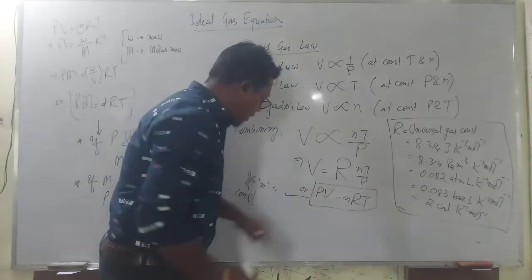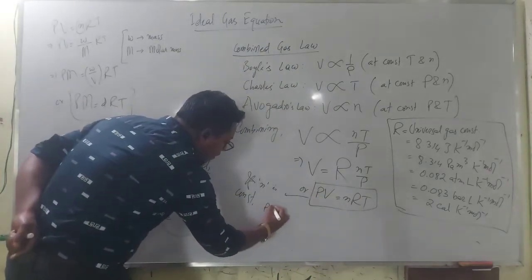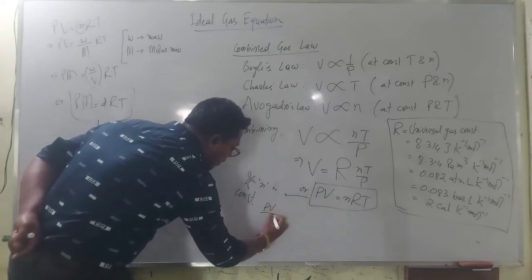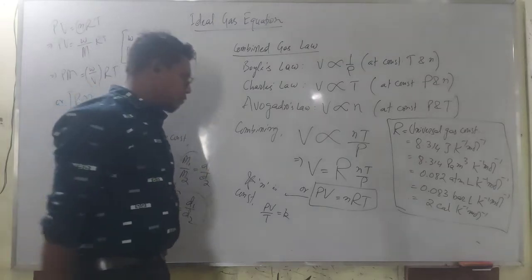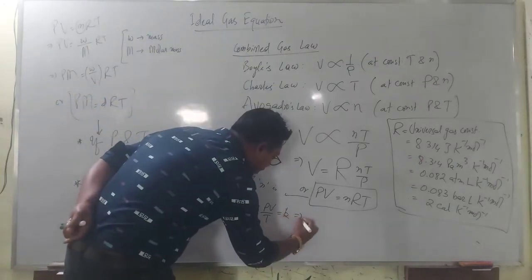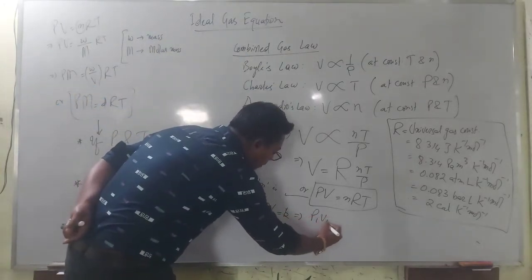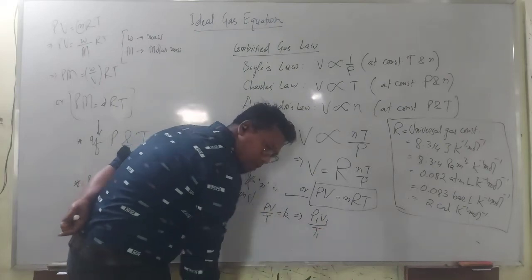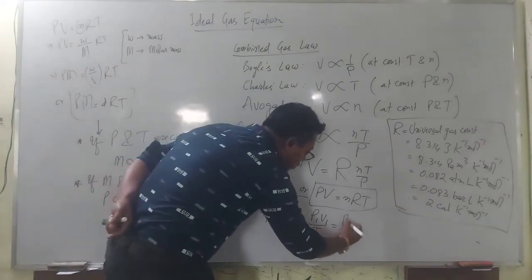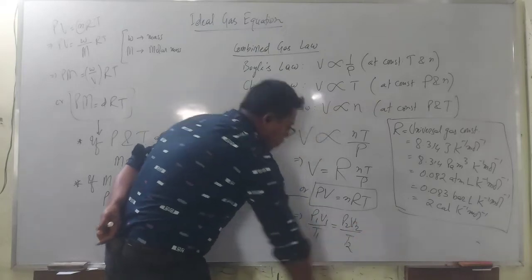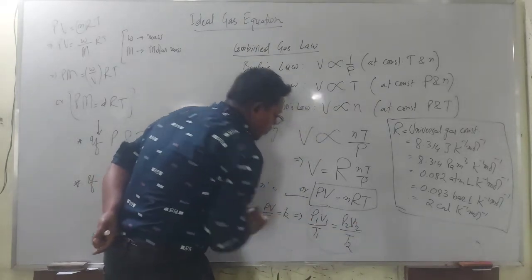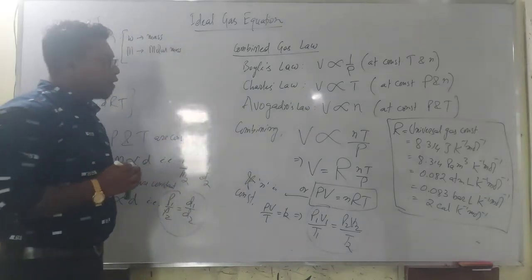Then PV by T will be constant, which means I can write this relation: P1 V1 divided by T1 will be equal to P2 V2 divided by T2, right? This can be used. Please note this.